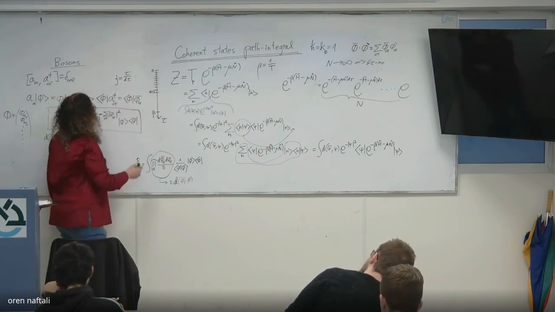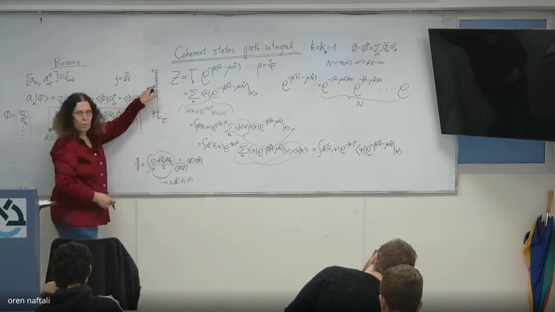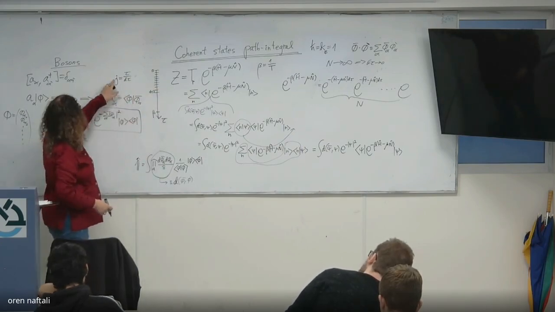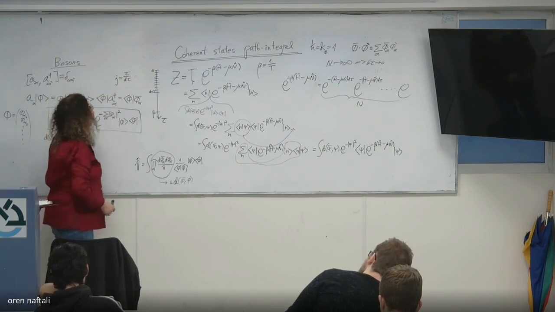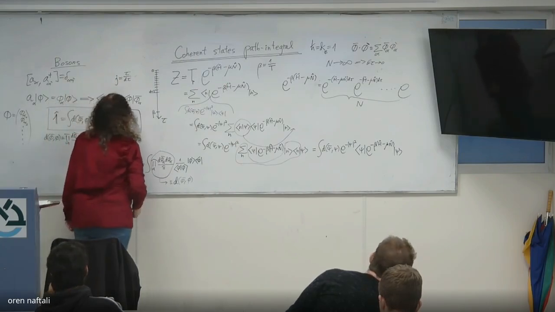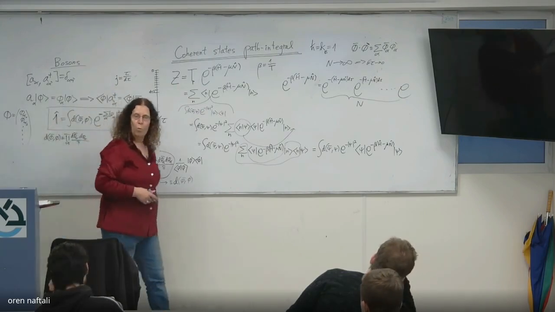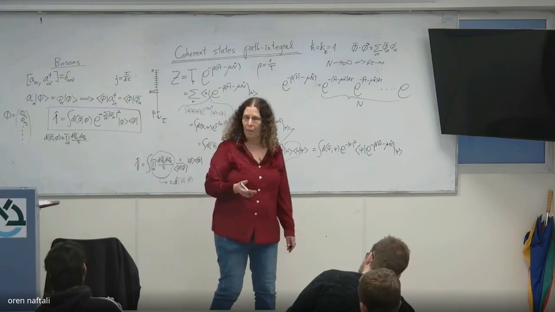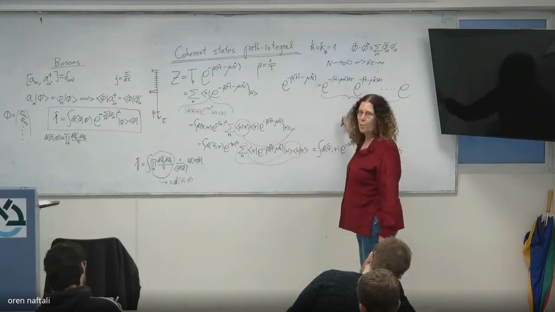So at an arbitrary tau that is a multiple of d tau, I have a discrete index j. Okay, so j runs from 1 to capital N, where capital N is the number of steps.